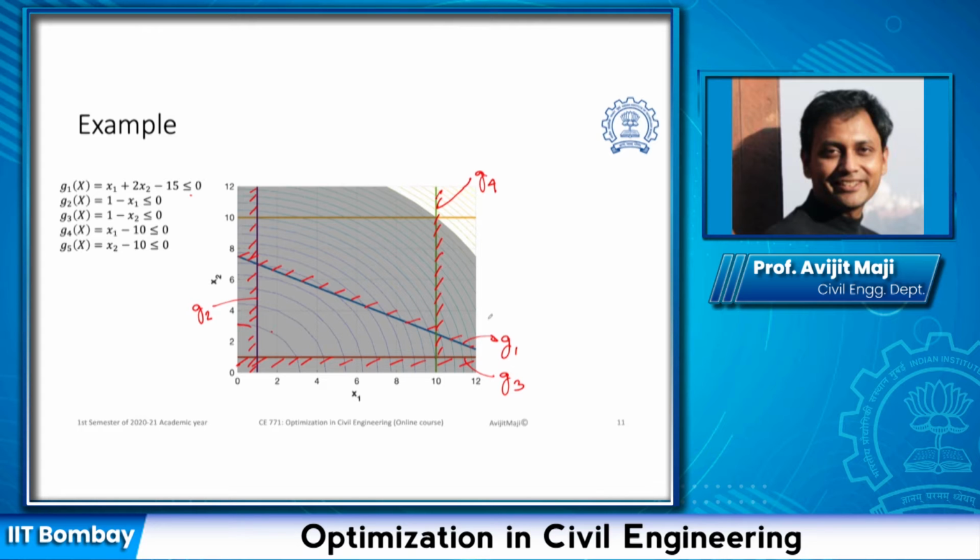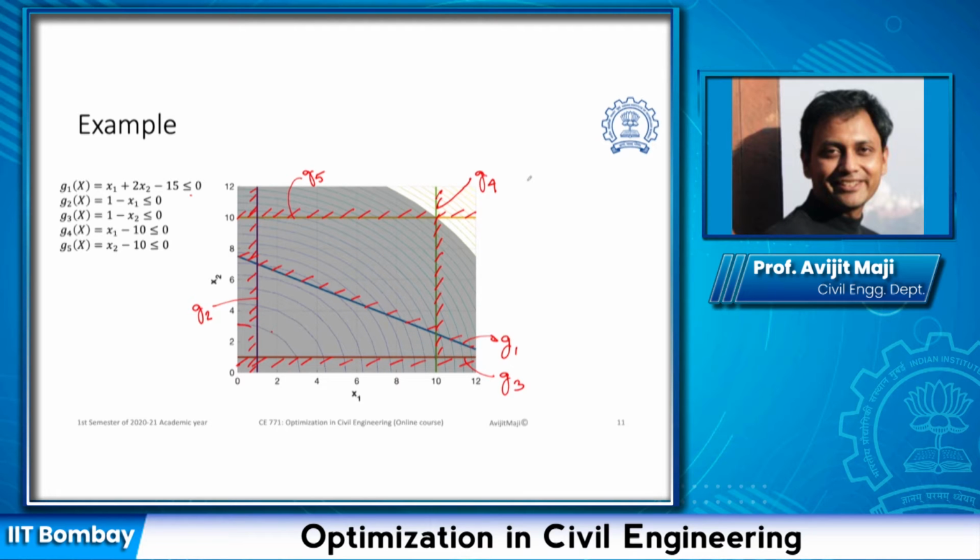And my fifth constraint says that my x2 should be less than or equal to 10. So this line represents my last constraint g5, and the points below this line are feasible. So I am hatching out the top part of it.